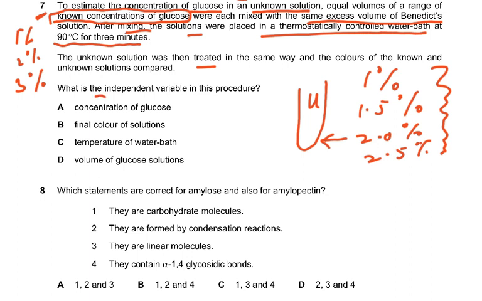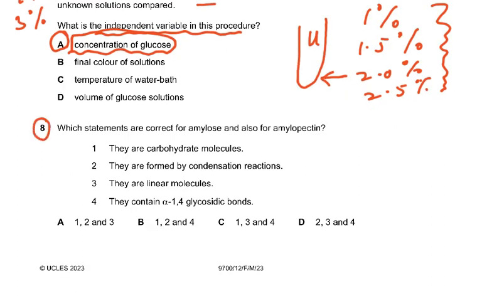So what is the independent variable? What is the thing that you are changing? I always tell you I for independent. What have I changed? So that is the independent variable. So the answer is A. What you changed was the concentration of glucose. You changed it to 1%, 1.5, 2, 2.5, 3, 3.5, or even different 2, 3, 4, 5, 6, 7%.